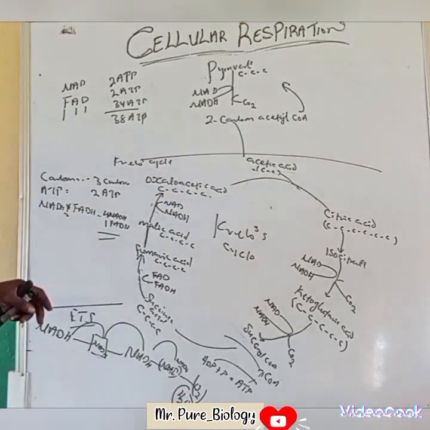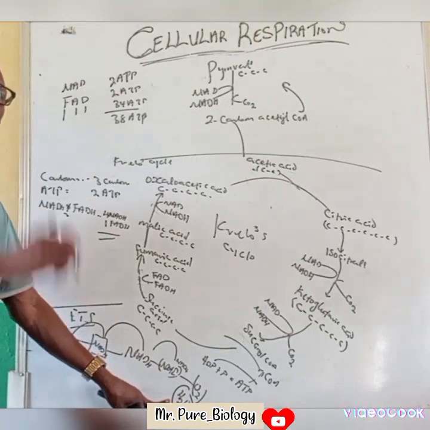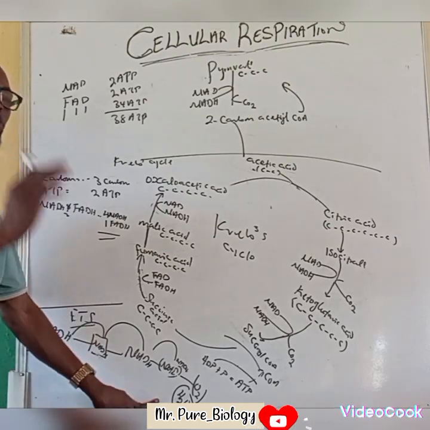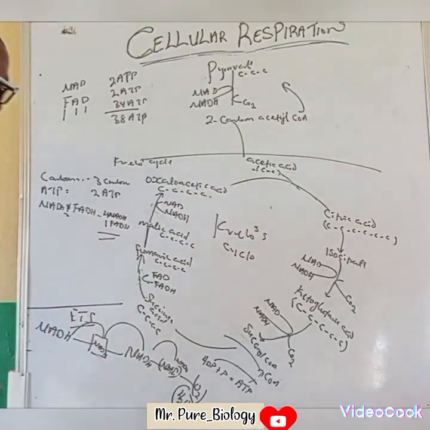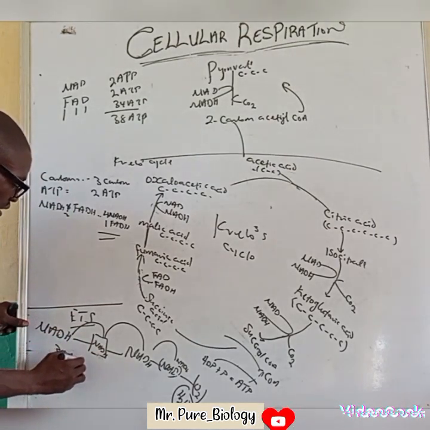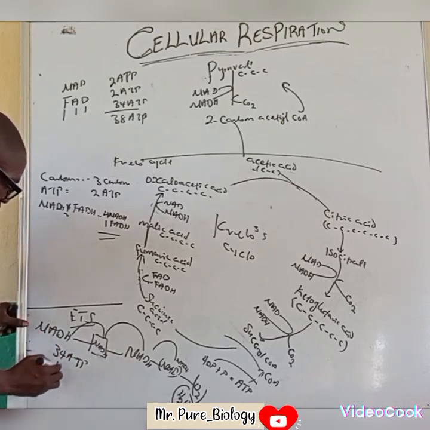So the water in the equation is generated in the ETS. The two products we have in the ETS are a large amount of energy, about 34 ATP, and water.